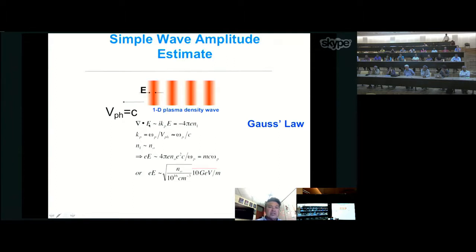This is assuming still a linear wave, even though when this is very large, it's a nonlinear analysis. It turns out that you end up with an engineering formula that the electric field you can get in a plasma wave with a phase velocity of c is on the order of 10 GeV per meter, and it goes as the square root of the density. So at 10 to the 16th particles per cubic centimeter, it is 10 GeV per meter.